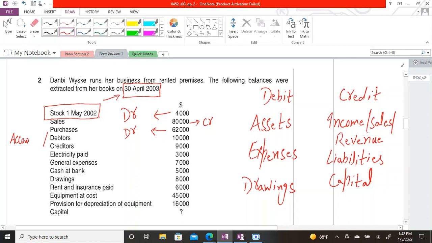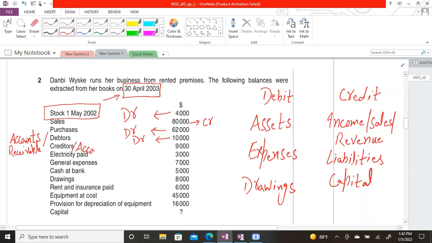It is debit. Debtor, another name for debtor is accounts receivable, which means when the business is selling goods on credit. So debtors, they are asset, current asset.